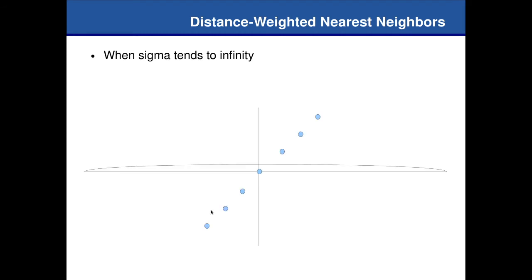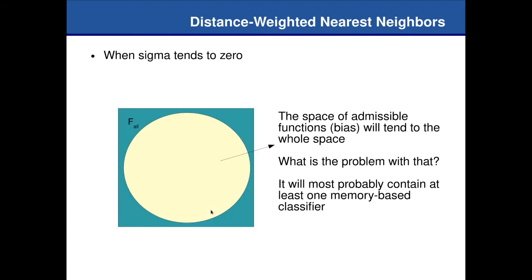Of course, if my sigma is very, very, very small, I will tend to contain the whole universe of functions. Actually, we can prove, I actually proved that in a paper, that if my sigma goes down to the limit of being equal to 0, I will be able to represent the whole space of admissible functions F all, the whole universe.